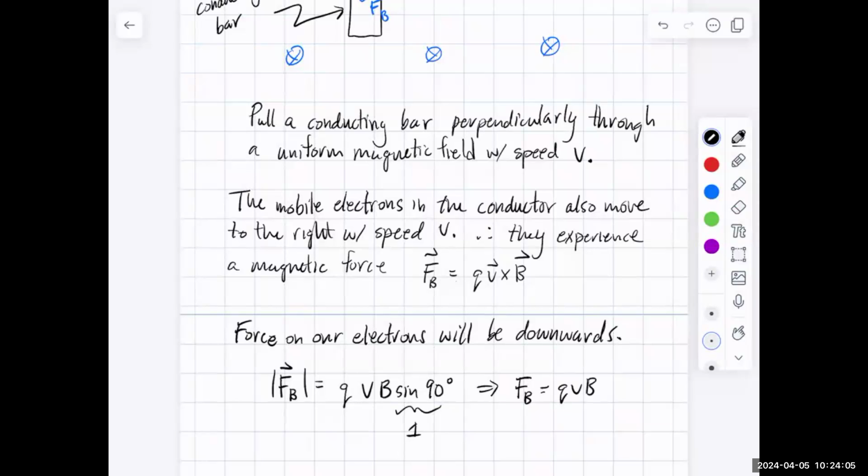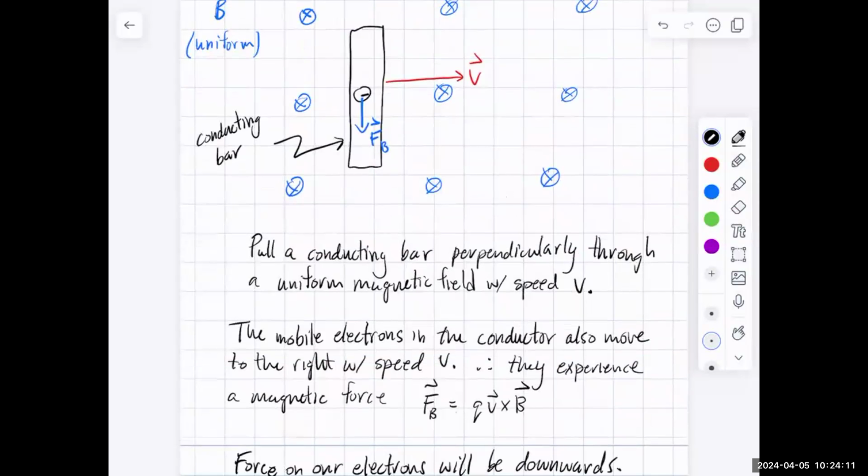All right, so let's imagine that we keep going. We keep pulling this thing to the right at a constant speed, and all of the electrons tend to drift towards the bottom. And so we'll end up with a pile of negative charge at the bottom of our rod. But if we take negative charge that was initially uniformly distributed and move some of those negative charges to the bottom, that's going to leave behind all of the positive ions, the atoms, the nuclei that are fixed in place. And so that's going to leave excess positive charge at the top of the rod.